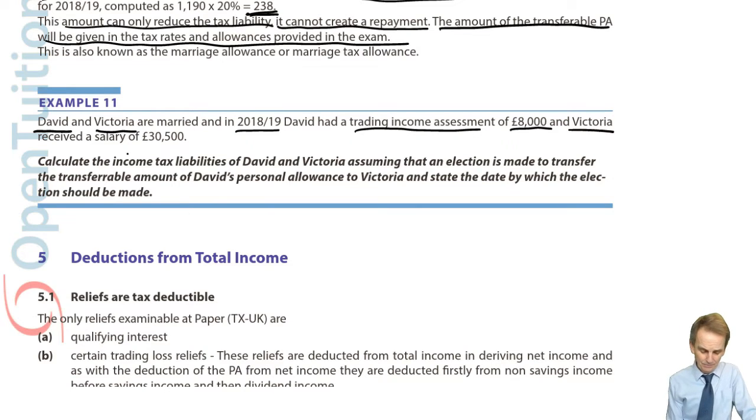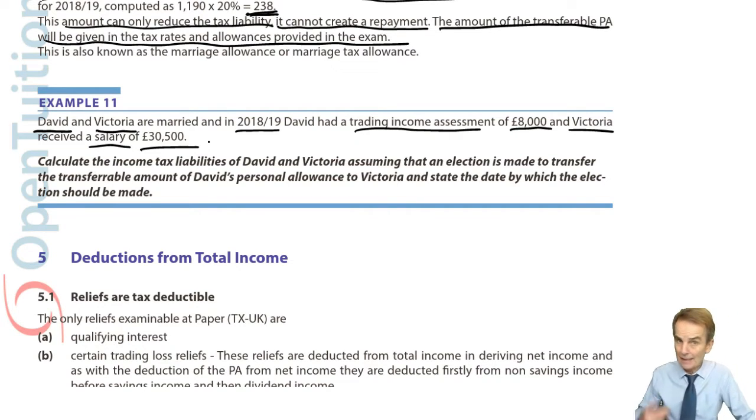Whereas Victoria had a salary of £30,500, so at 30,500, well within the basic rate band limit in relation to taxable income. Remember, the taxable income is after deducting the personal allowance. So this is the classic situation where we're going to see a transfer.